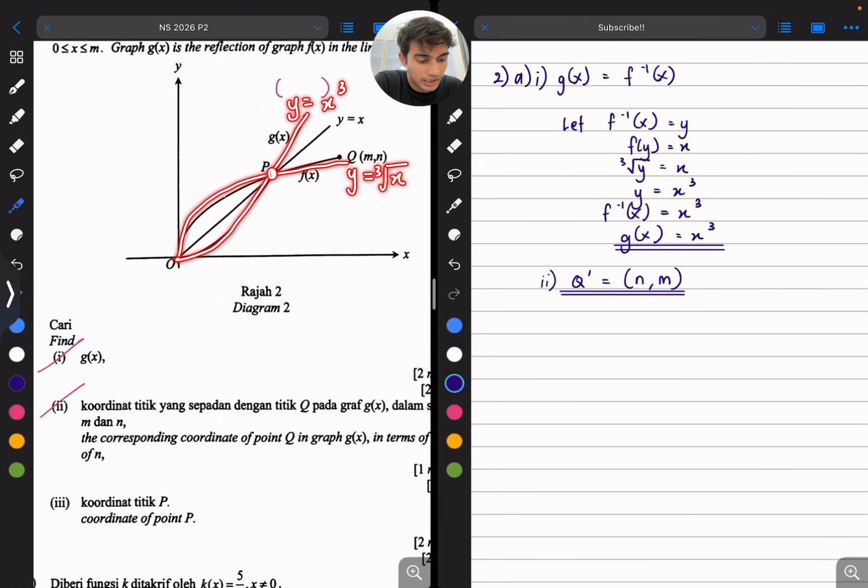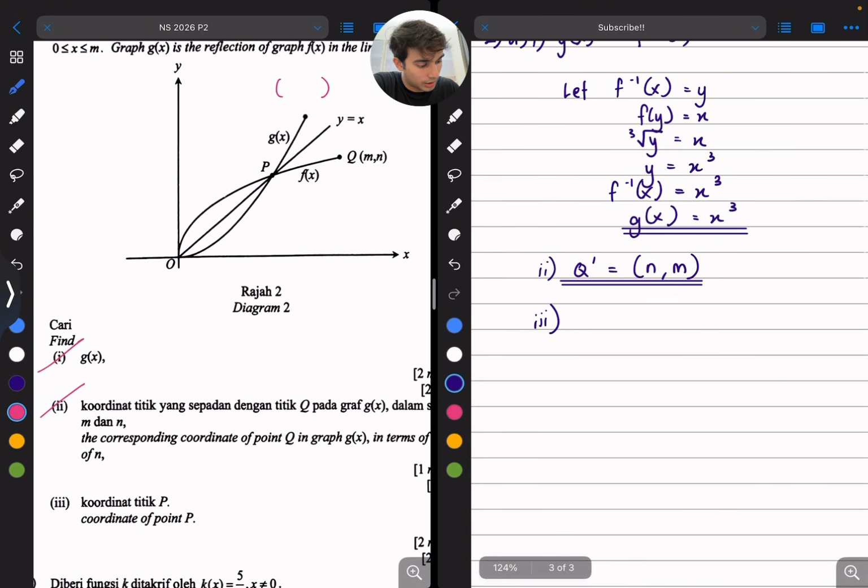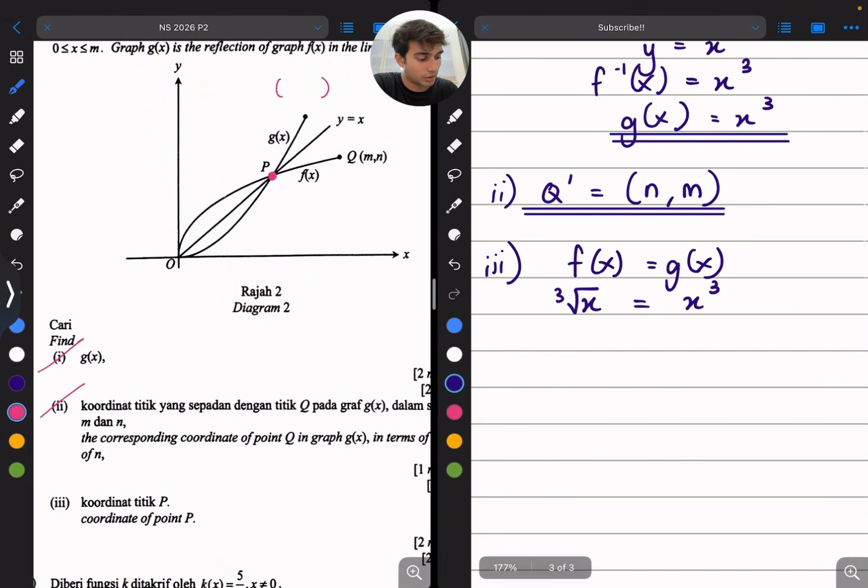So if you want to find the intersection point, you have to do simultaneous. That means this equals this. So you can say f(x) equals g(x). Because this is the intersection point. So f(x) is the cube root of x, g(x) is x cubed. So we need to solve this.